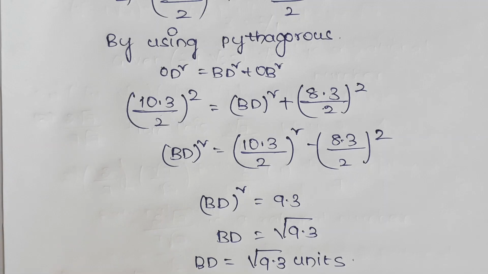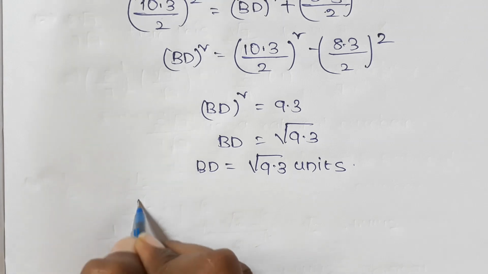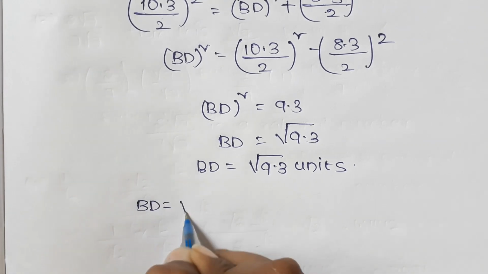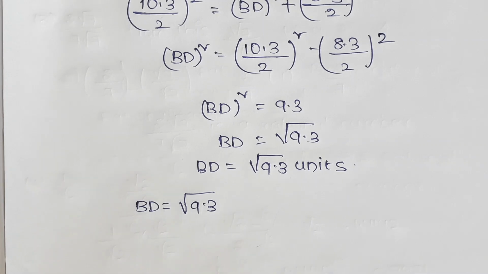And now step 6. This is the last step, that is by taking BD. BD is root 9.3 units.